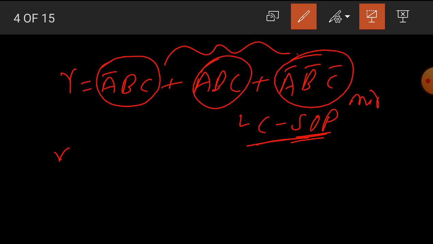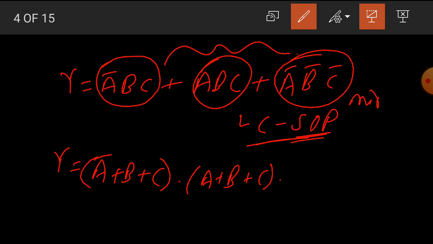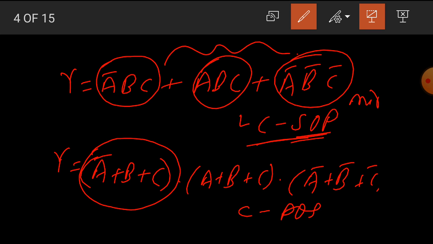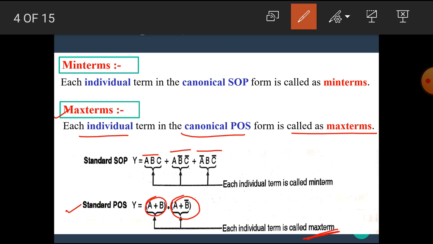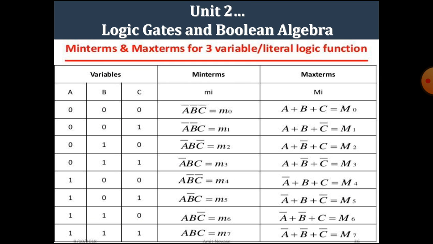And if we have the equation y is equal to a bar plus b plus c into a plus b plus c into a bar plus b bar plus c bar, this is the equation of canonical POS, and each individual term in canonical POS, that means this term and this term, is called a max term. I hope now you all understand what is meant by min term and max term.